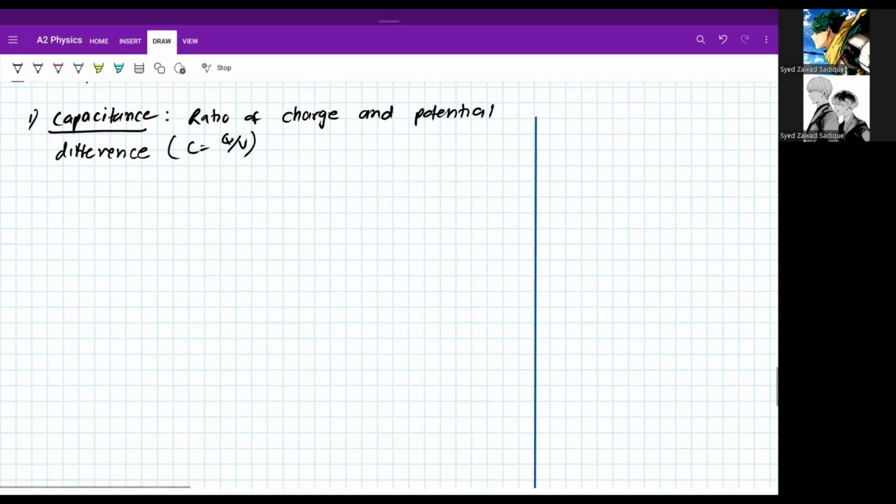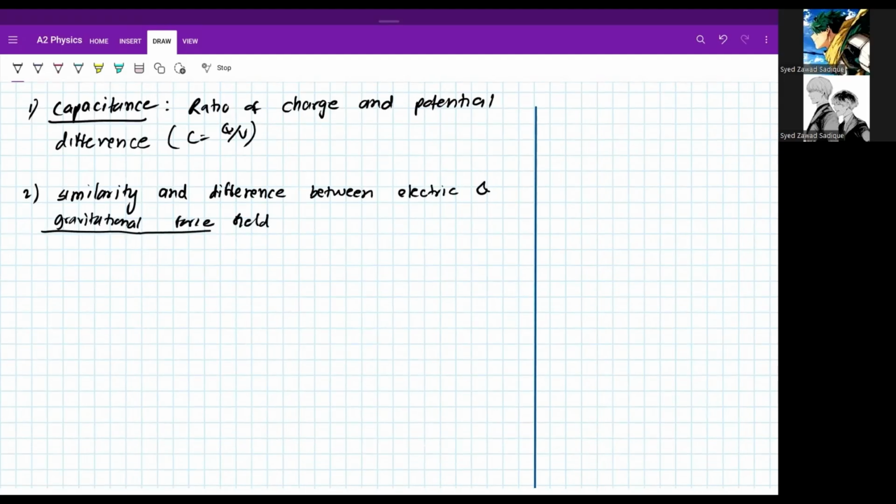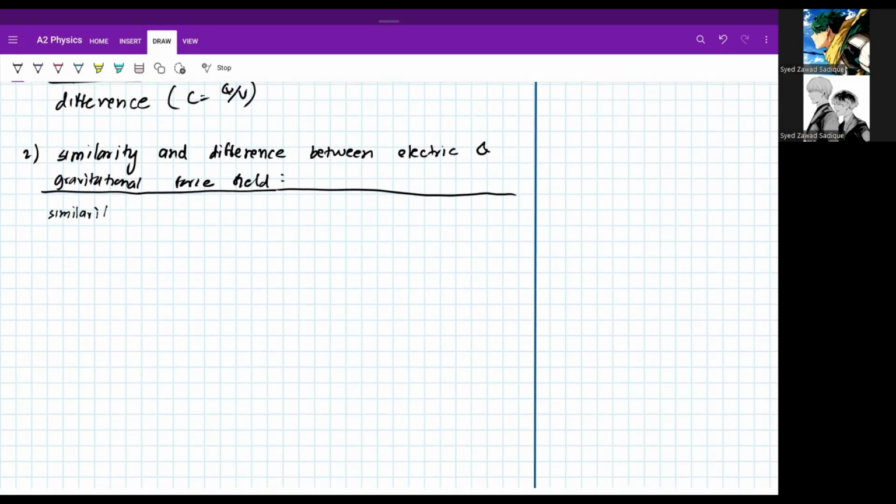All right. So similarity and difference between electric and gravitational force field. The similarities are radial fields and lines normal to surface.